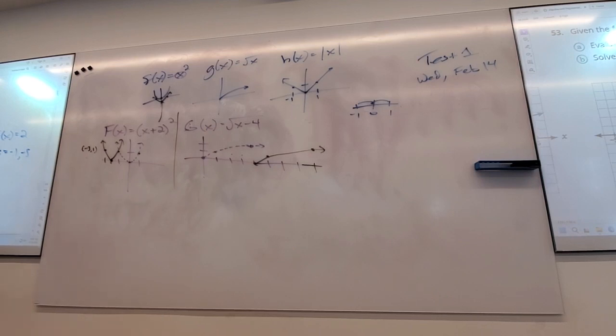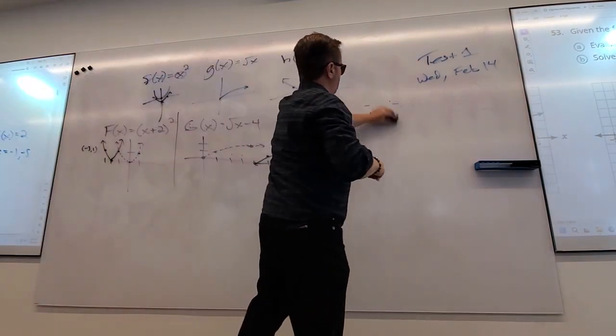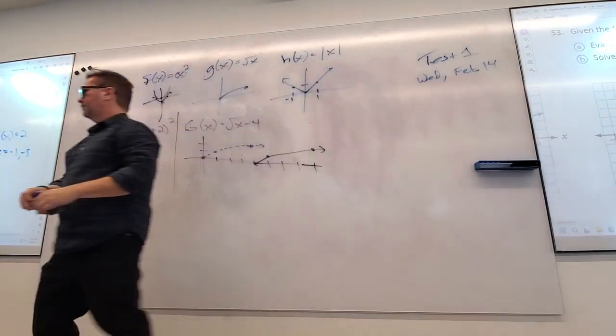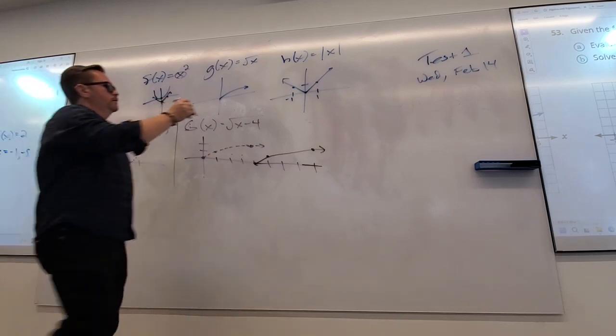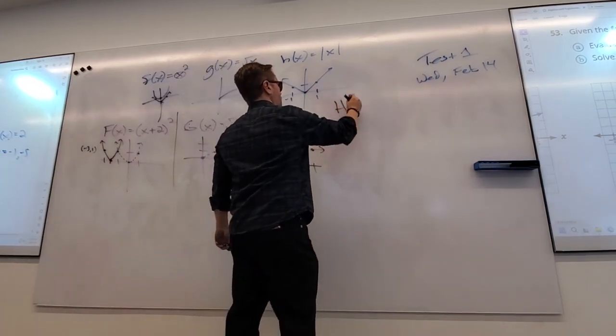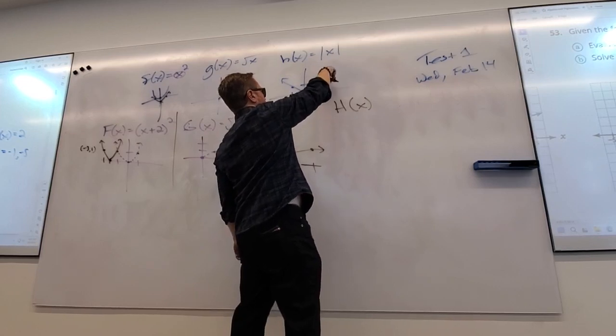So here, you guys try this one with the absolute value. Stay with me. Try to graph this function. I've given you the base function, so now you want to dot it, right?